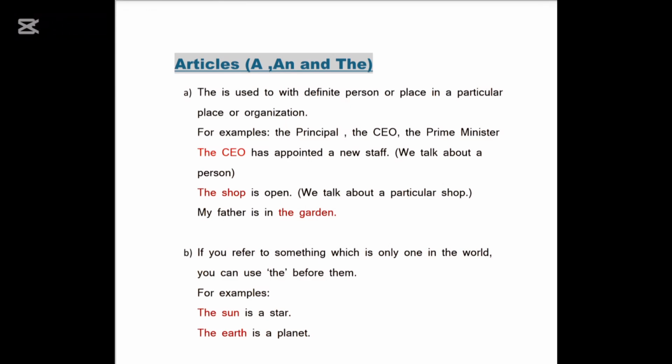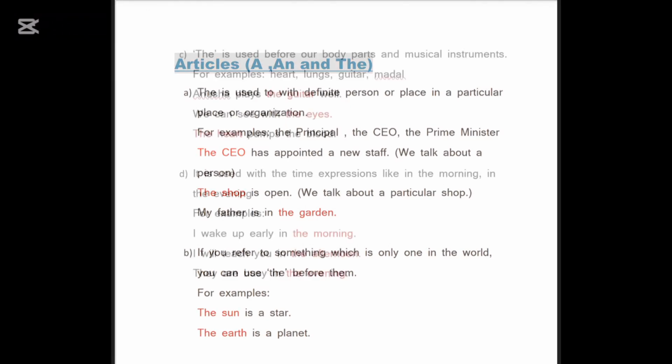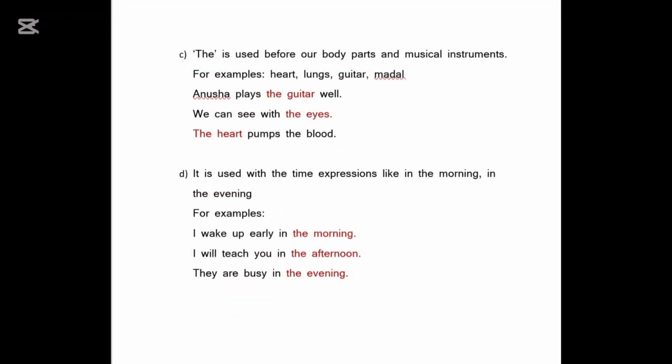Next, point B signifies that if we have to refer to something which is only one in the world, like universal things: the sun, the star, the earth. But please keep in mind one thing, the is only used with our home planet, that is our earth. We cannot use it with other planets; the Jupiter, the Mars, the Venus would be wrong.